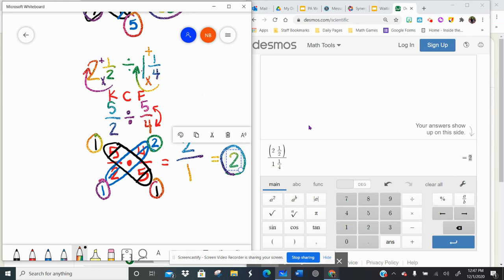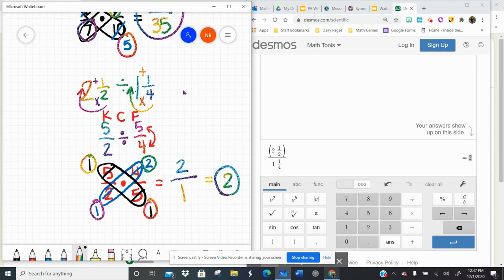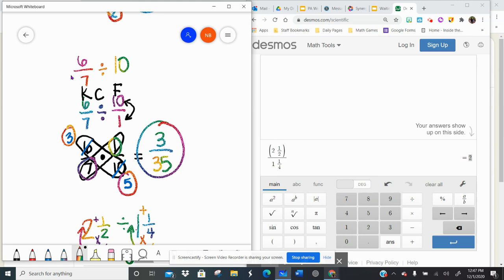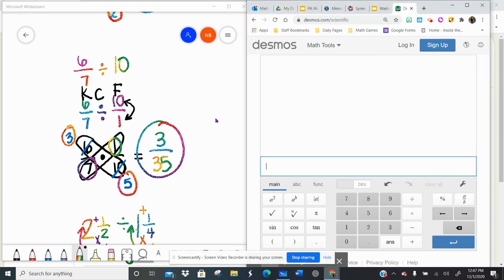So we can check our work in the calculator, or we can do the work in the calculator, but knowing how to do it longhand is also very helpful. Let's check our work up here, right? Let's just make sure we're correct. 6/7 divided by 10. Parenthesis 6/7. Move my cursor out, parenthesis, divided by 10. Well, that's a big old long decimal.